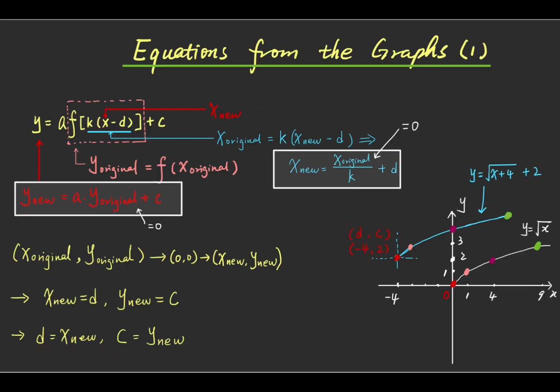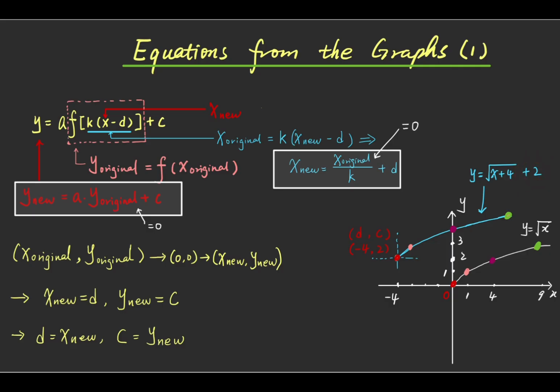So according to this analysis, we figure out its parameter d is -4. If we put -4 here, you will figure out x plus 4. We put 2 as c here, you will figure out this.